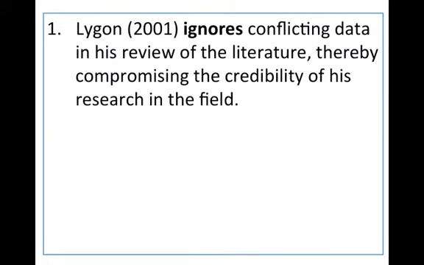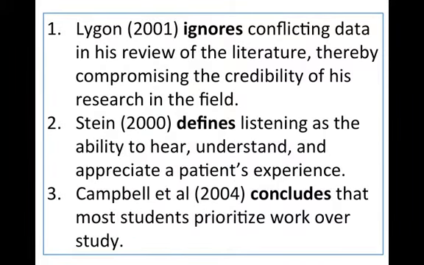Now, let's take a look at the examples and answer the questions. Which one shows that you think the information is correct? Yes, number 2. Which one shows that your position is neutral?